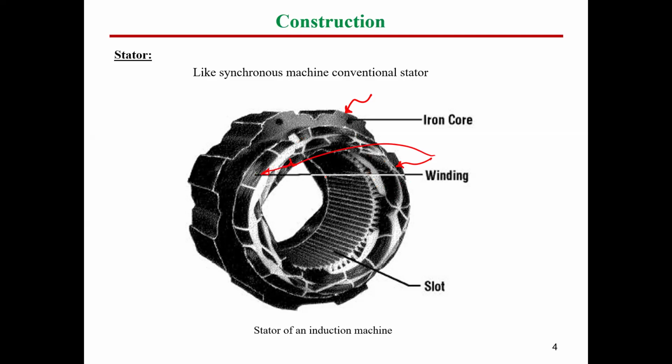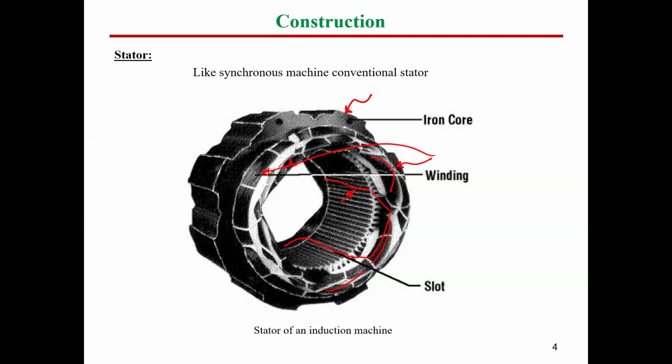We insert the winding inside a slot, and we call this one a conductor. Then it goes out and moves into another slot, and so on. Inside here we have our conductors, and here we have the ends of the windings or coils. So these are the machine stator windings.